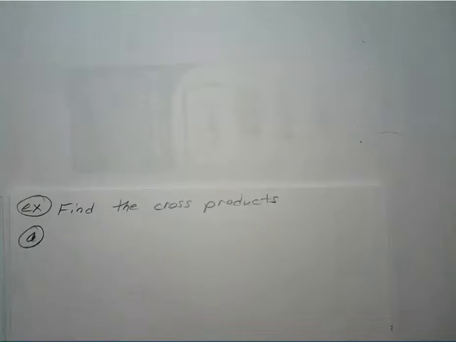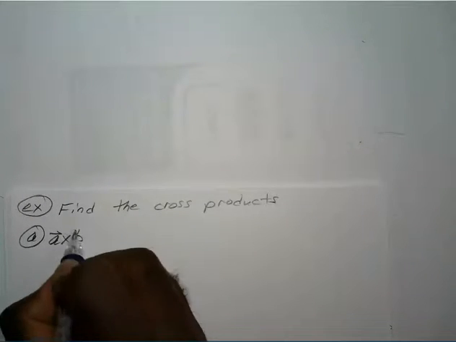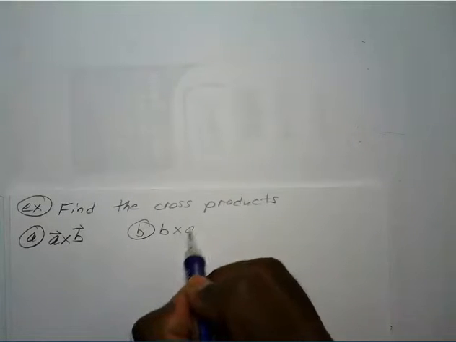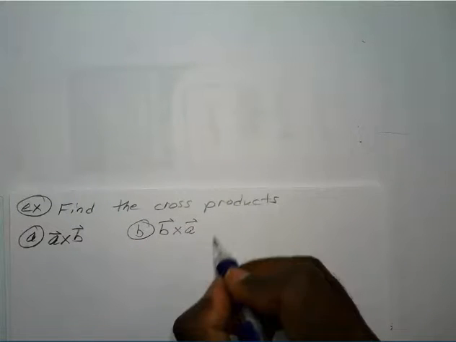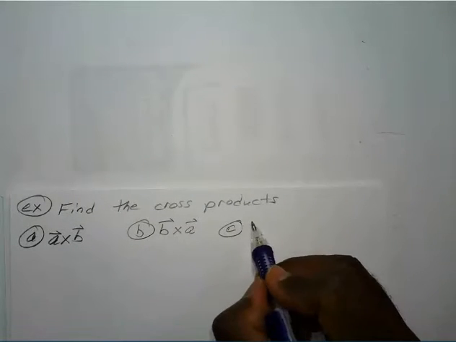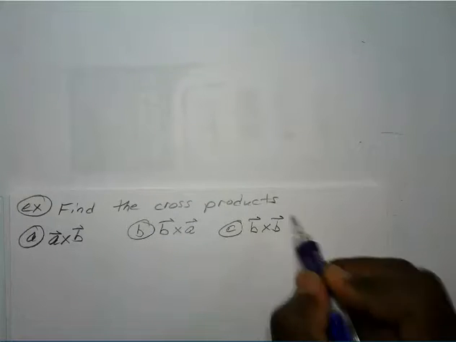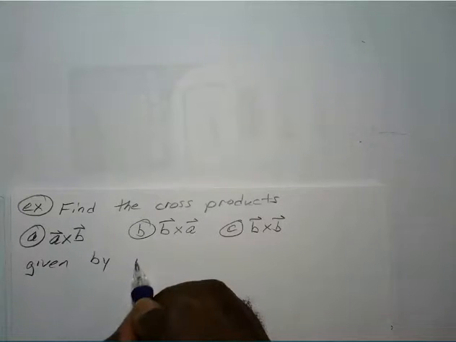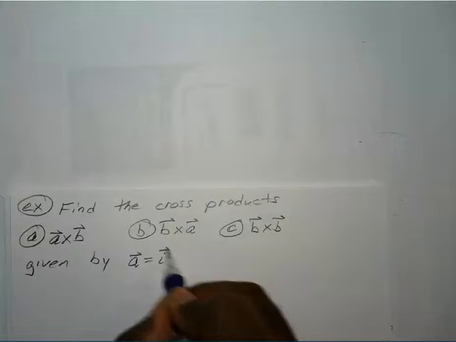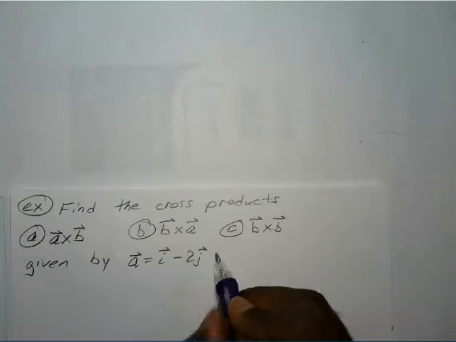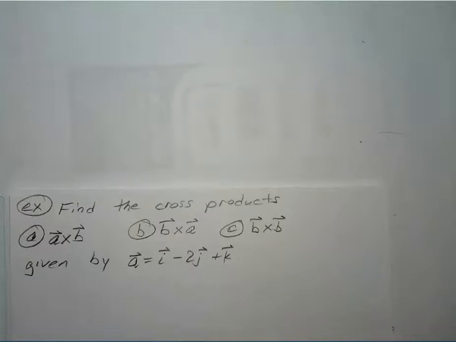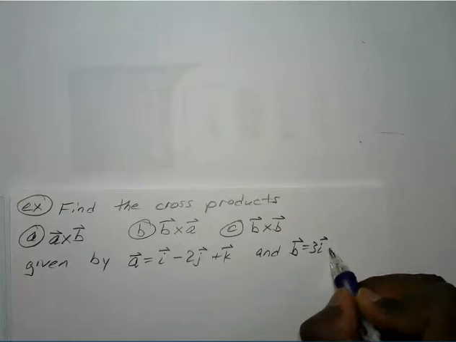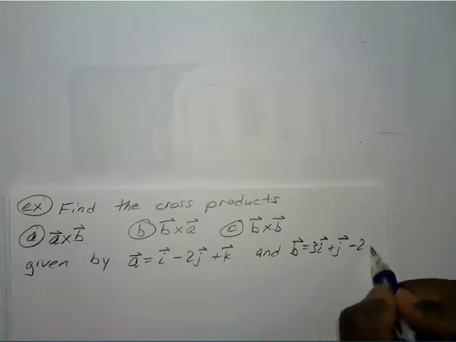For problem A, we want to find A cross B. For problem B, we want to find B cross A. And for problem C, we want to find the cross product of B and B. Given by A vector is equal to I minus 2J plus K vectors, and B vector is equal to 3I plus J vector minus 2 times the K vector.